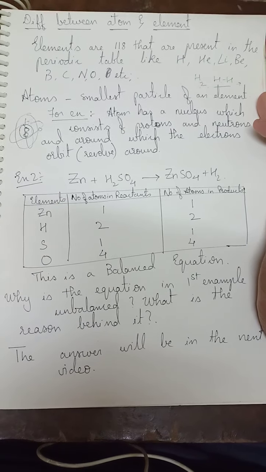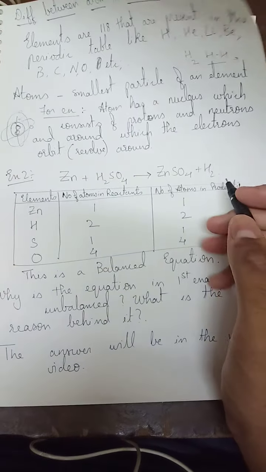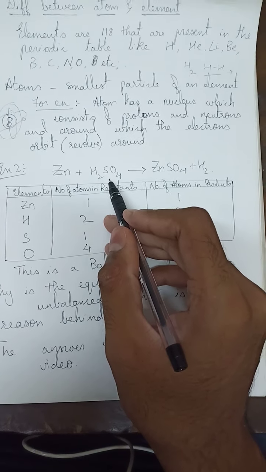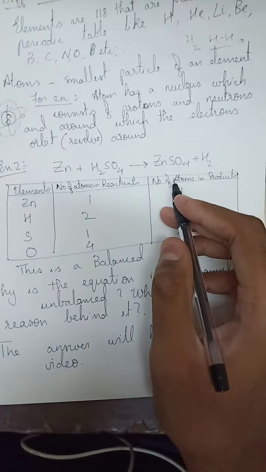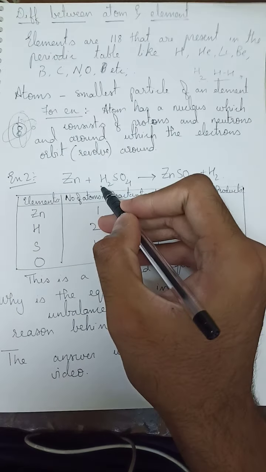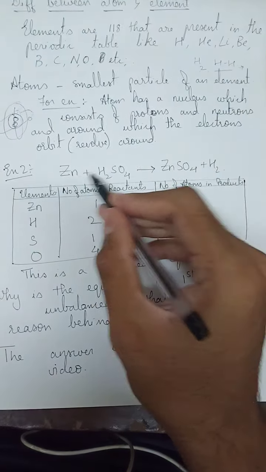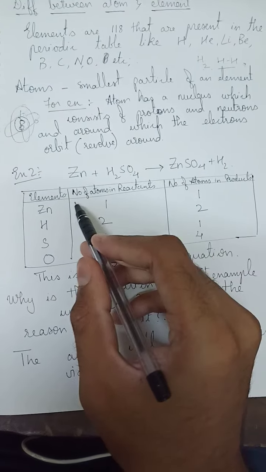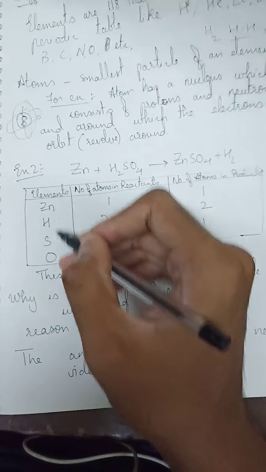Coming to example 2, where we discuss the balanced equation. Zinc plus sulfuric acid, H2SO4 is called sulfuric acid. Please note it down, and also please note down my notes that I am telling while teaching. So Zn plus H2SO4 gives rise to ZnSO4 plus H2. Here again make a table and note down all the elements.